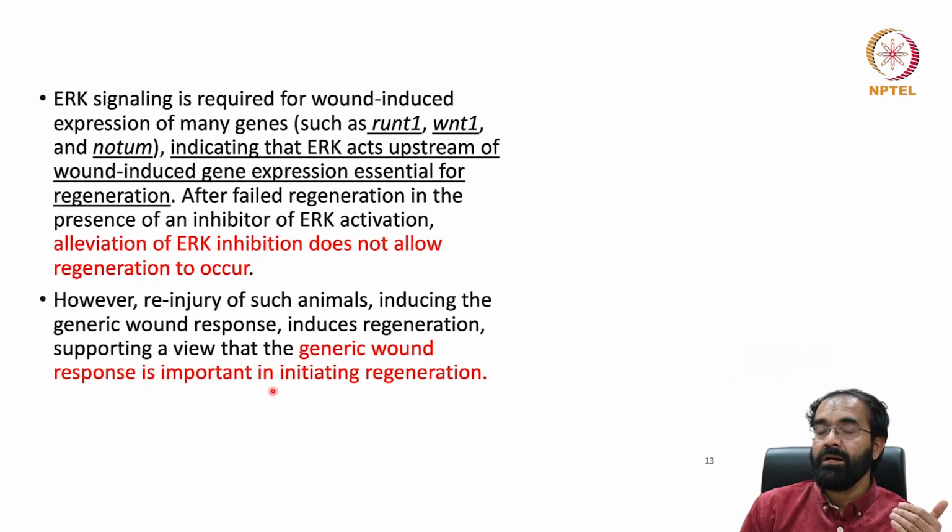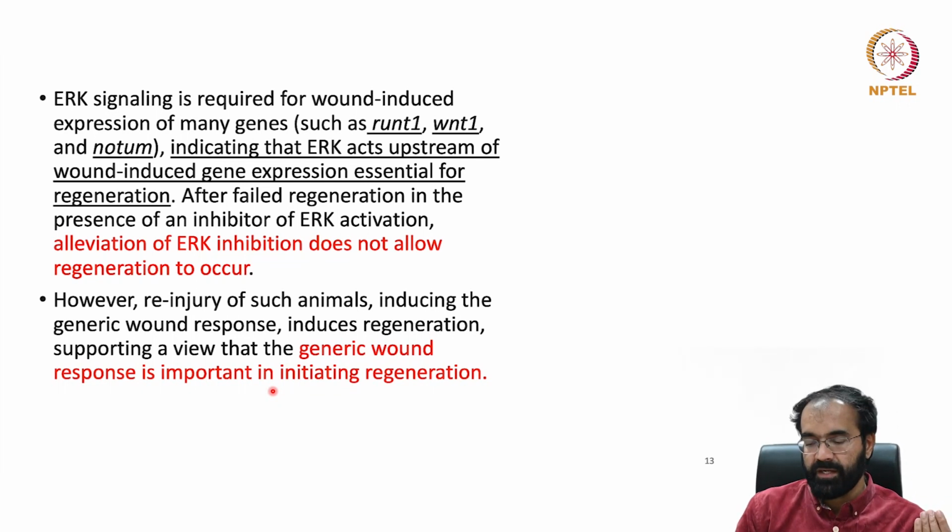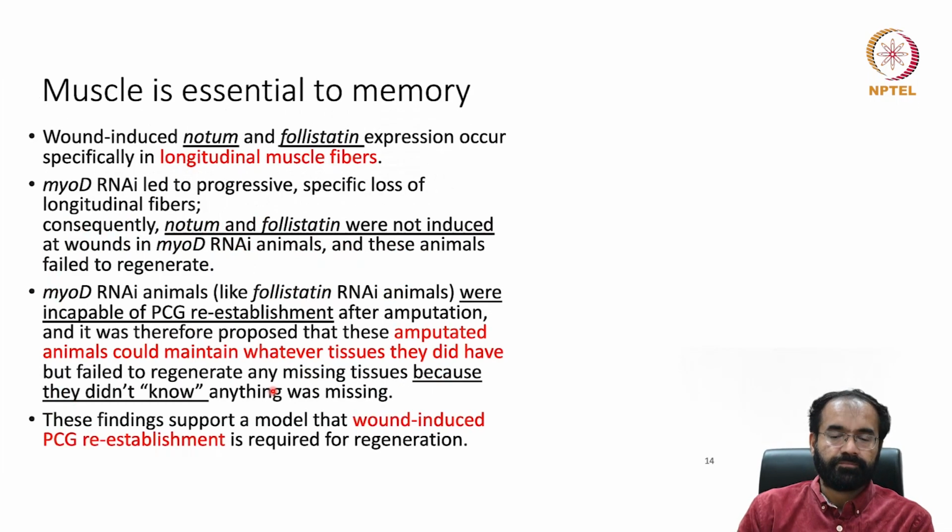Say you have a finger, it is cut and a fragment is lost, it has healed now. If you want that finger to grow back, whatever cocktail of gene expression you know, you need to make a fresh wound. In planaria, a healed wound cannot regenerate. You need a fresh wound. Then only can it think of regeneration. In that situation, if you allow ERK signaling to go on, then you will get proper regeneration.